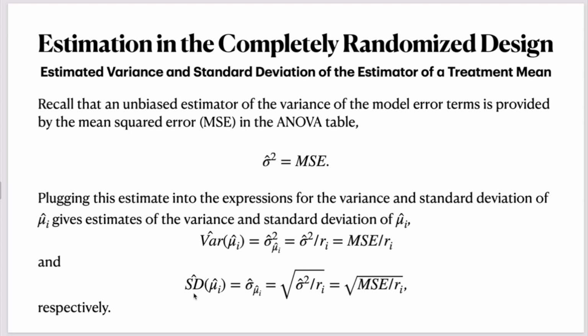I've got a hat on SD here. We'll also denote it this way. I've got a hat on the sigma, so sigma hat sub mu hat sub I, and that is the square root of the estimated variance. All right, so the square root of sigma hat squared over r sub I, or in other words, the square root of the MSE from the ANOVA table divided by r sub I.